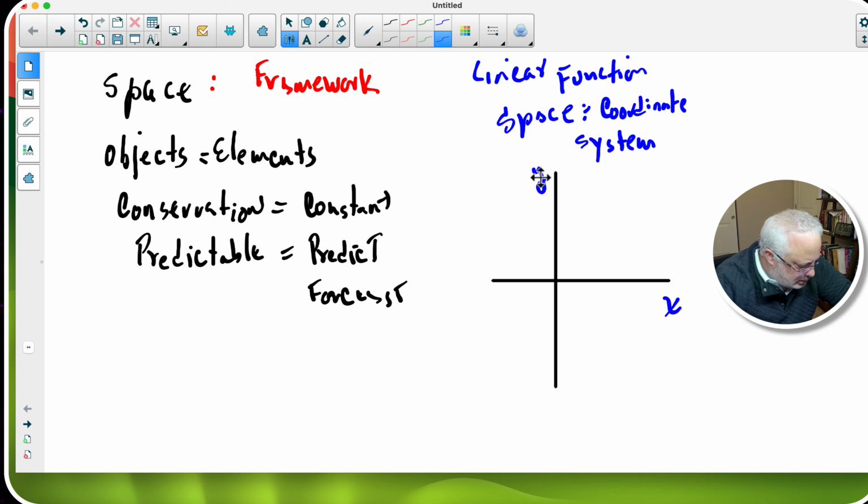You have no idea how many students in 8th grade math, even in high school math, know the existence of the X and Y coordinates, and they know some aspects, but they forget many other aspects of the coordinate system. And this is critical.